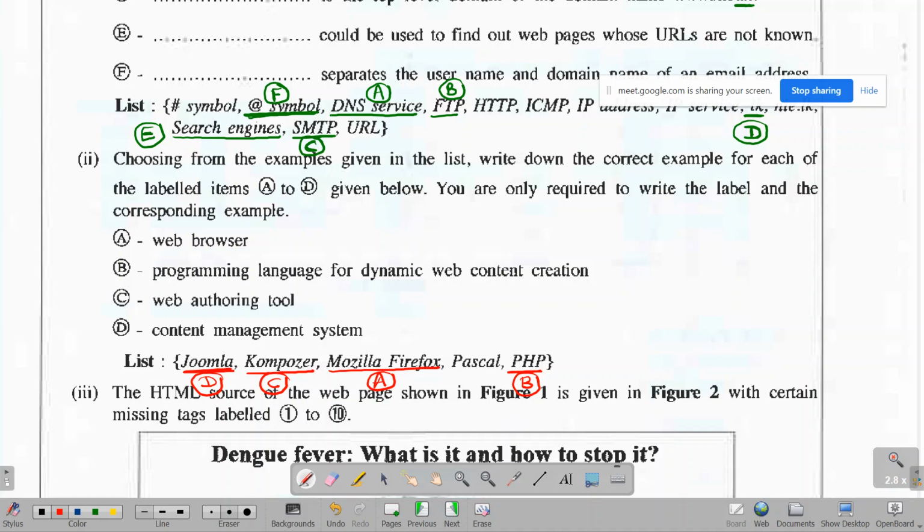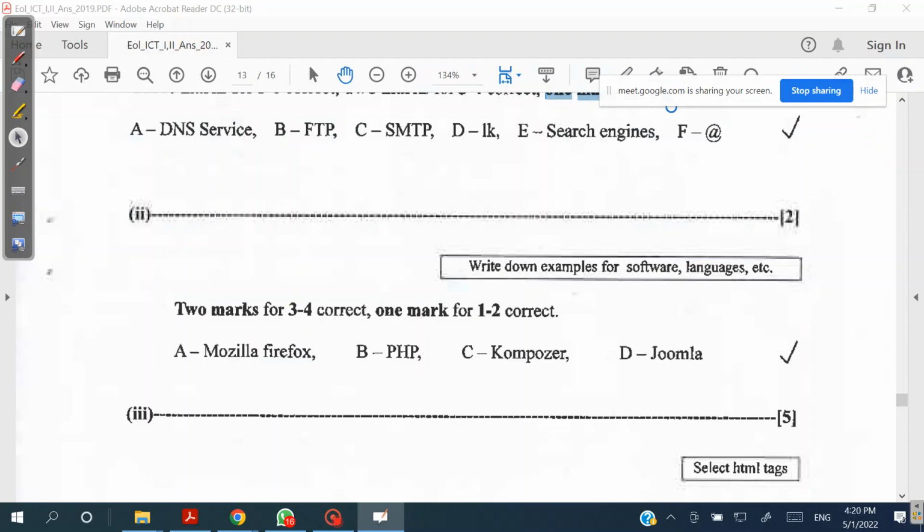For those, they have given you 2 marks. If all 4 are correct, or any 3 or 4, you get 2 marks. If you got 1 or 2 correct, then only 1 mark.